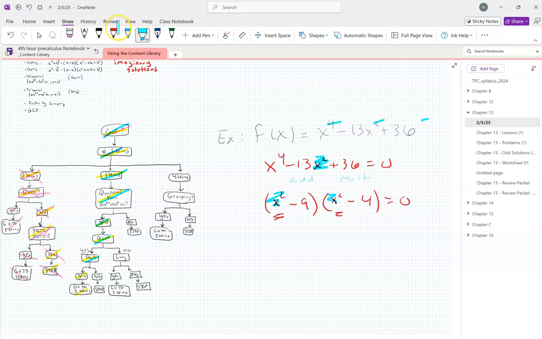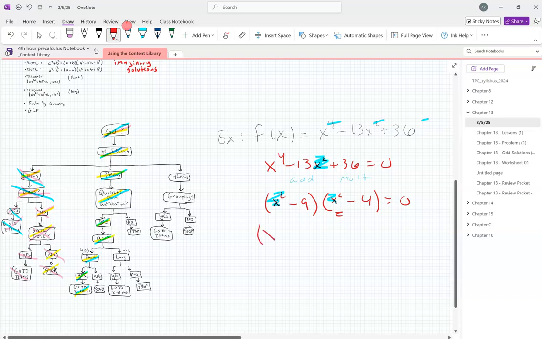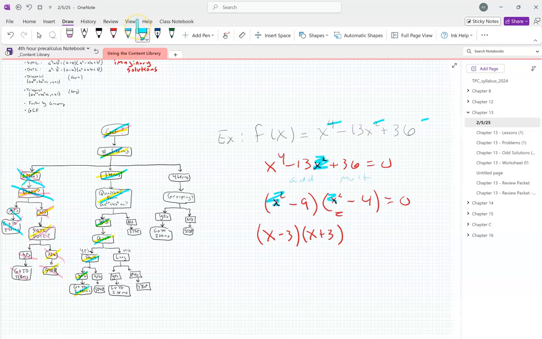Okay. So now we got to go down the 2-term branch. Is x squared minus 9 a difference of 2 squares? Yes, it is. Is x squared minus 4 a difference of 2 squares?